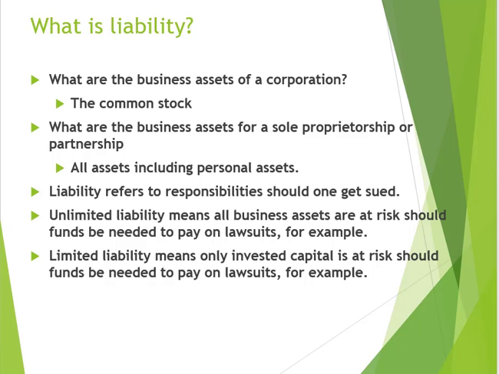So the only thing you can lose if you buy a corporation is the common stock itself. But the business assets of a sole proprietorship or partnership include all personal assets. So again, liability talks about being sued, and we've mentioned a couple of times there's either an unlimited liability, which means everything is at risk, or limited liability, which means only the invested capital is at risk.